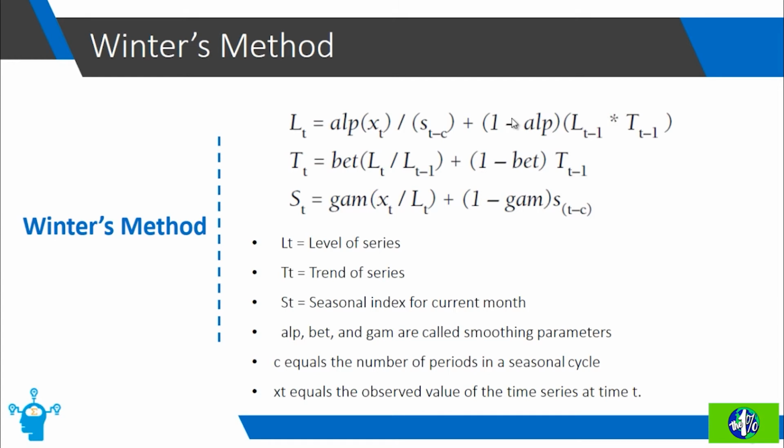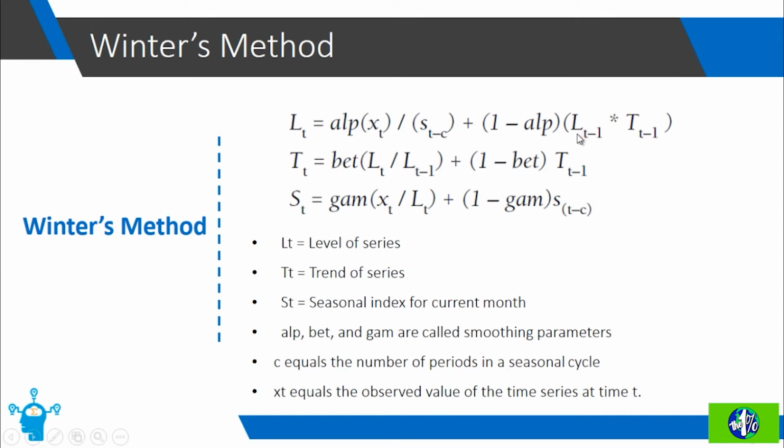Similar is for trend and seasonality. The first term represents the effect of current observations and the second term represents the effect of older observations. All these three parameters, alpha, beta and gamma, will vary between 0 and 1. So suppose alpha is 0, the effect of recent observations will come out to be 0 for L, and the only effect that will remain is for the older observations.